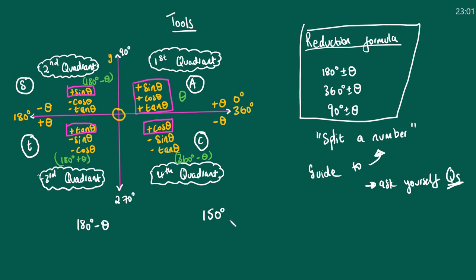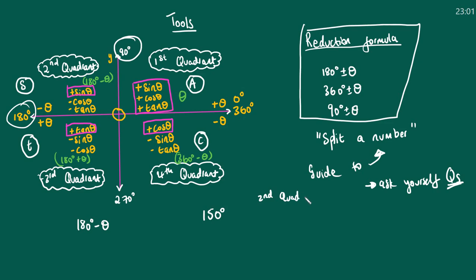Or you can say, between which two numbers is this angle? 150 is definitely between 90 degrees and 180, because 150 is greater than 90 degrees, however it is smaller than 180 degrees. So we can definitely say that 150 degrees belongs in the second quadrant.